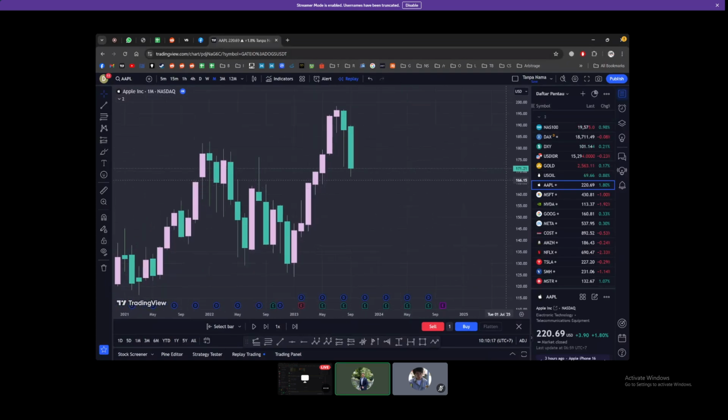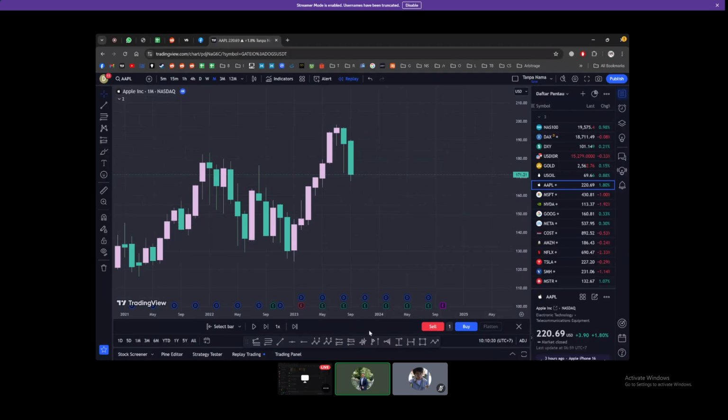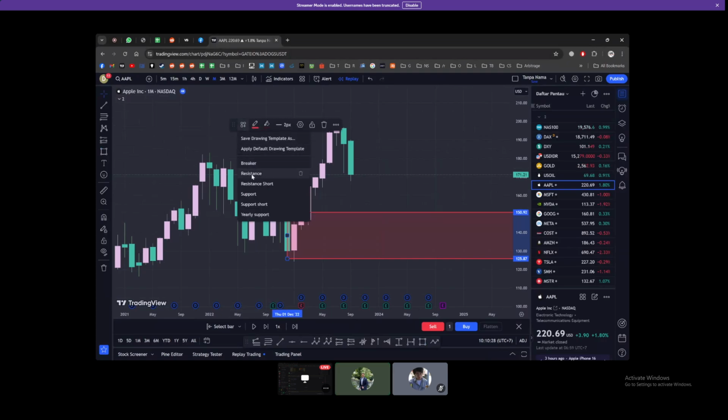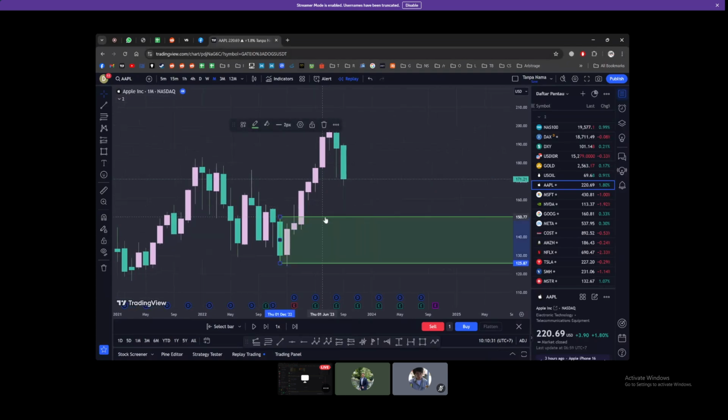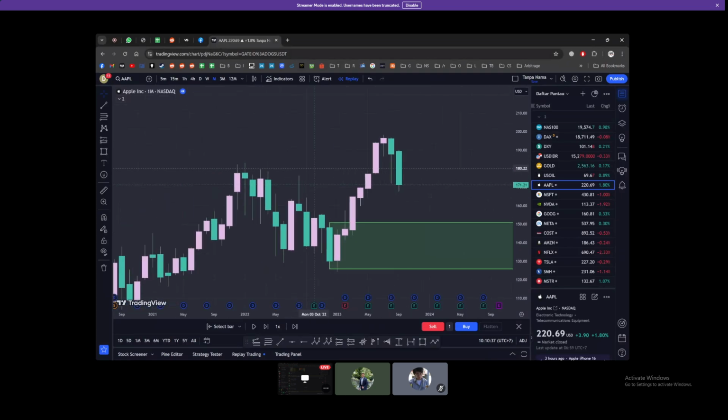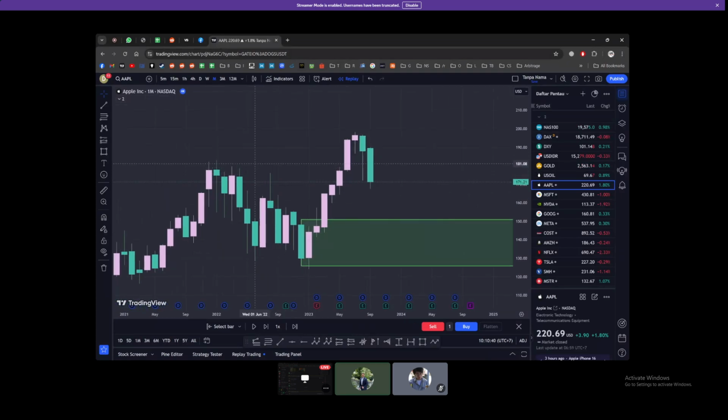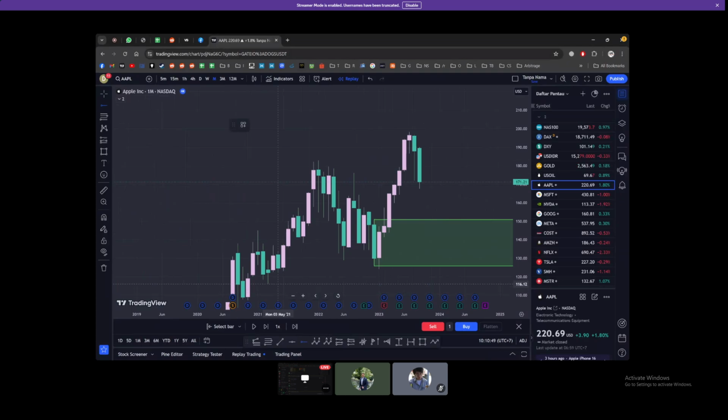So how about you mark out some of the monthly SR levels, and then we'll go to the weekly chart. You don't have to go that far back. 2021 is like 4 years behind. The market is not going to care about 2021.